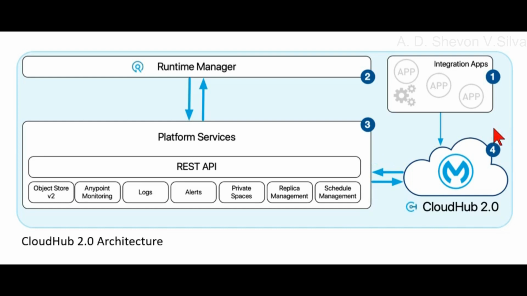An integration application is any integration that you have built using Anypoint Studio. These applications can do everything from synchronizing data from Salesforce to a database, to publishing a SOAP or REST API, to creating complex orchestration of business processes.